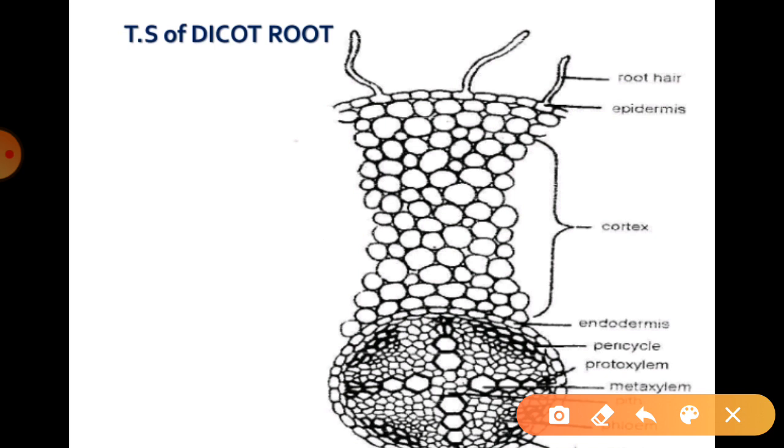And on the basis of the number of xylem bundles, the root may be diarch. Means if there are 2 xylem bundles, then they are known as diarch. If there are 3, triarch, 4 tetrarch, 5 pentarch, and if more than 5, they are known as polyarch.